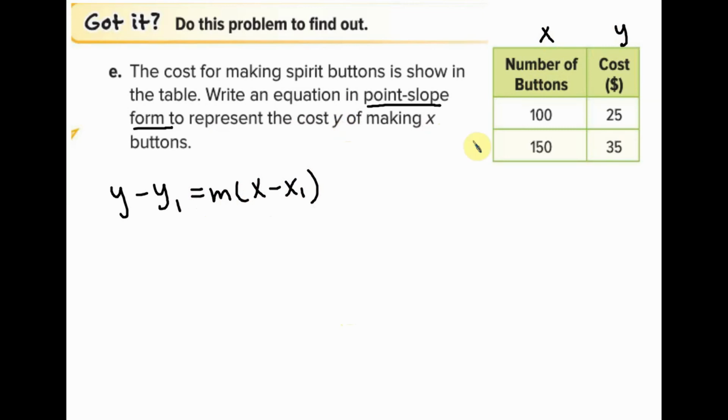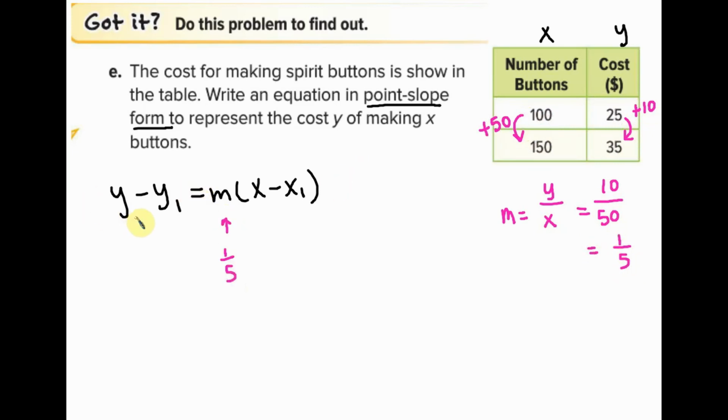If I'm repeating the same steps, m has to equal your constant rate of change, y over x. 100 to 150, I'm increasing by 50. 25 to 35, I'm adding 10. So the rate of y is 10 over the rate of x, which is 50. If you simplify this, you'll get 1/5. So that's going to be my slope.